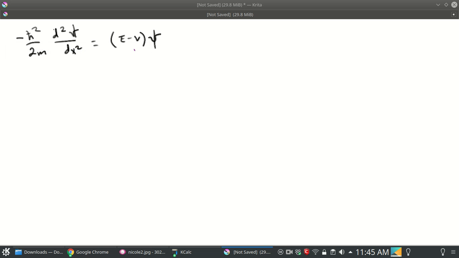Now, psi is supposed to be A sine kx plus B cosine kx. So the first thing to do is to get the derivative and the second derivative of it. Then we'll be solving for the E. Not sure what to do with this V at this point, but we'll consider that when we get there.